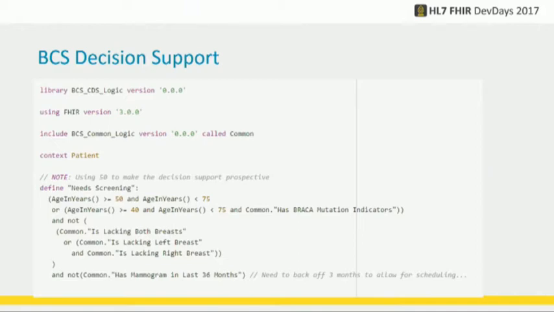And so we shift that window down a little bit, and we use the same exclusion factors, and then we back off 3 months in order to allow for scheduling, right? So you need to look for whether they've had it, because by the time they've missed the window, it's too late, right? You want to make this prospective so that you're not missing an opportunity.